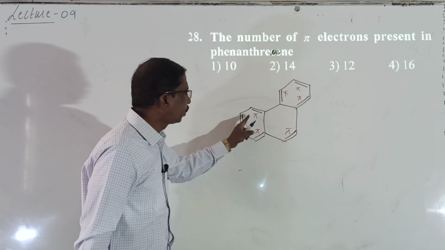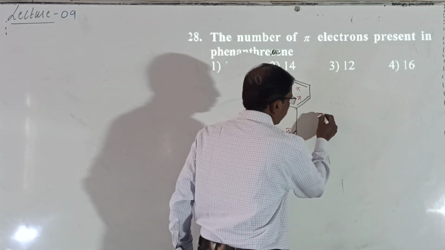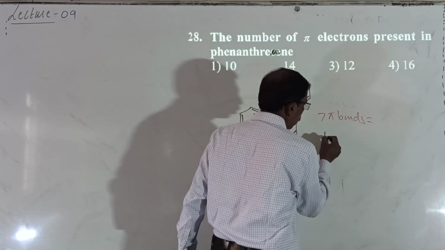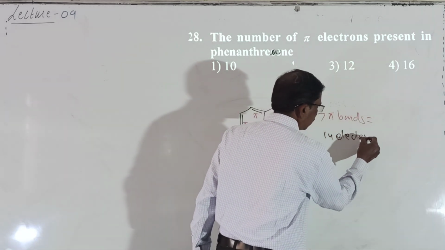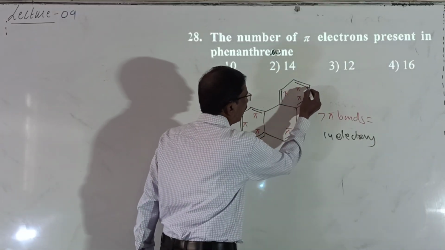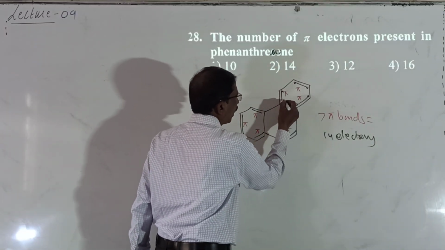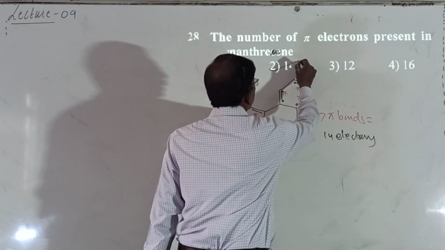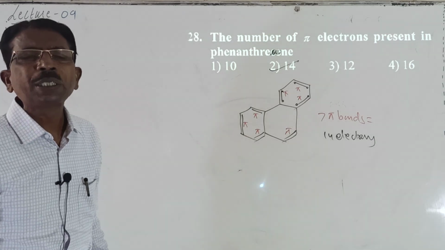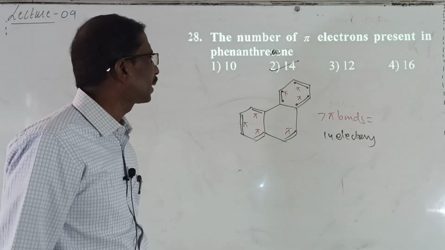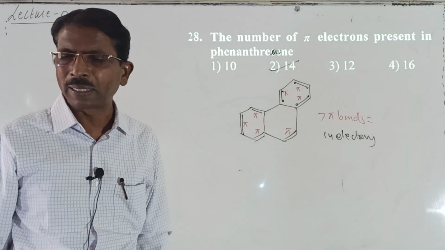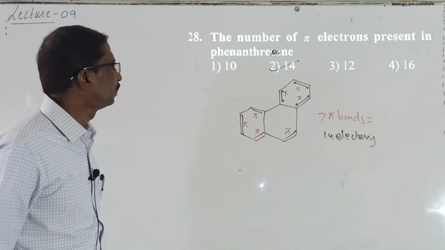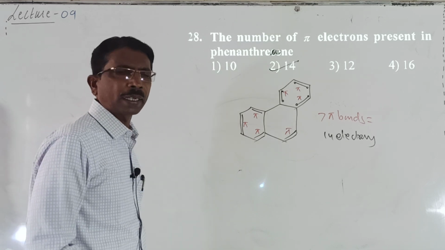Look here, 1, 2, 3, 4, 5, 6, 7, 7 pi bonds are there, and then it contains 14 electrons. So therefore the answer is 14. Phenanthrene, make some correction here, the structure of this phenanthrene I have written. So here it is about this phenanthrene. Is it clear?